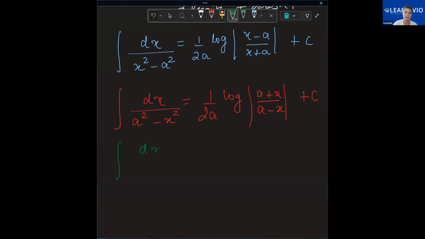For dx upon x square plus a square, this is very important. 1 upon a tan inverse x by a plus c. ठीक है.